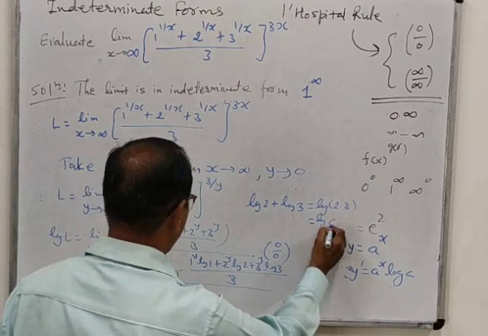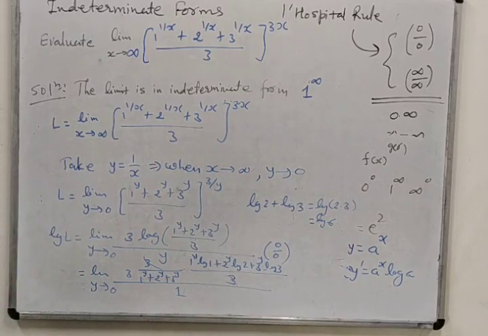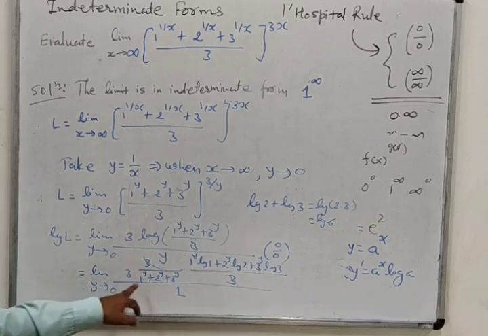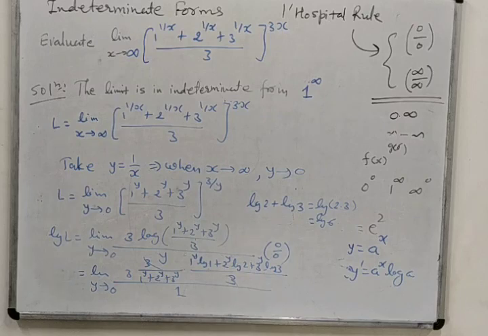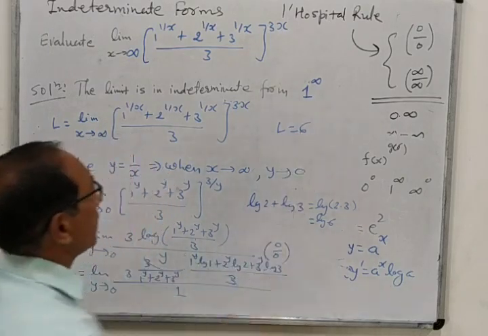So this is log of 6. And the denominator is 1 raised to 0 plus 2 raised to 0 plus 3 raised to 0, that is 1 plus 1 plus 1, that is 3. And this 3 and 3 will be cancelled. So its answer is log of 6. And that means log of L equal to log of 6. So L equal to 6.